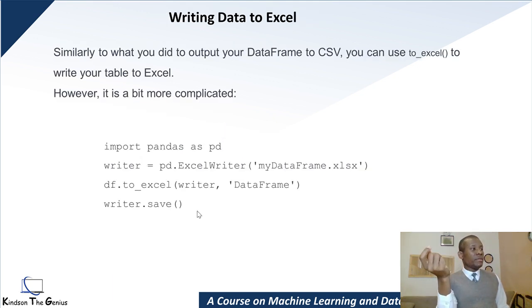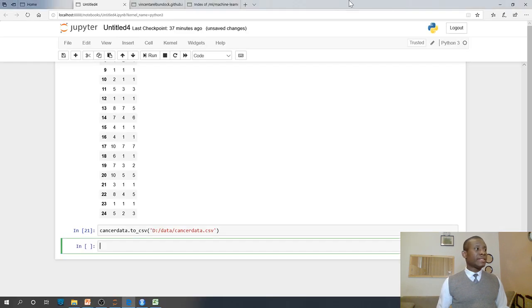Writing data to Excel. In this case, you simply use the Excel writer. Now I'm going to also demonstrate this one because it's important. You may want to work with an Excel file. So let's write to Excel. We want to export, instead of to CSV, to Excel.